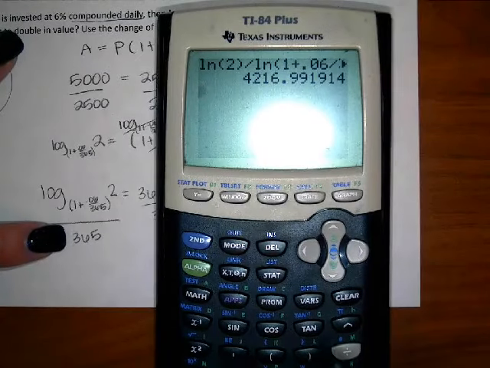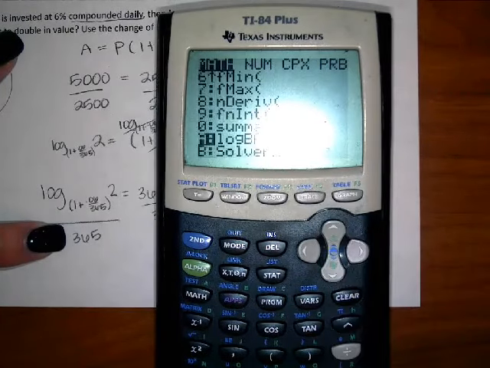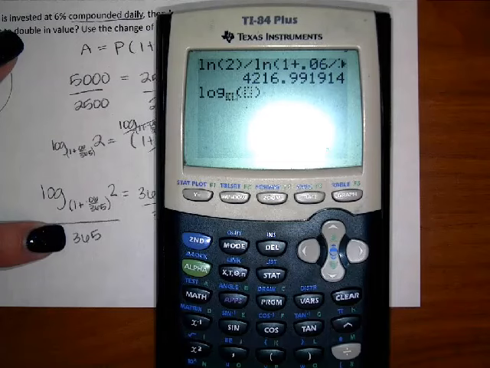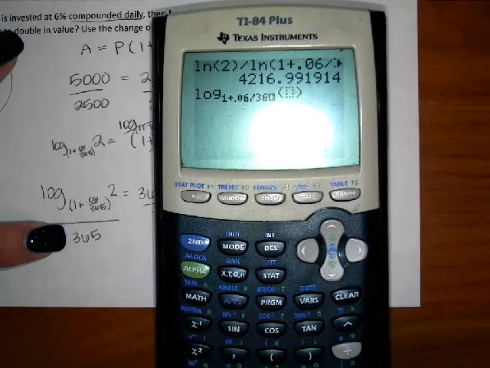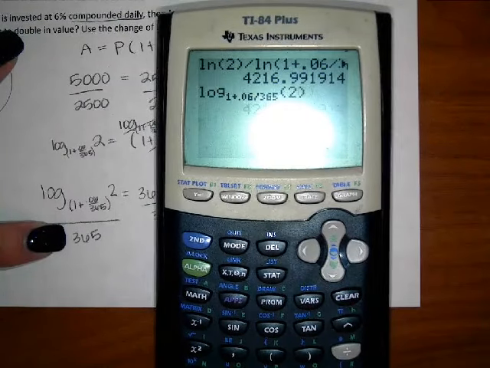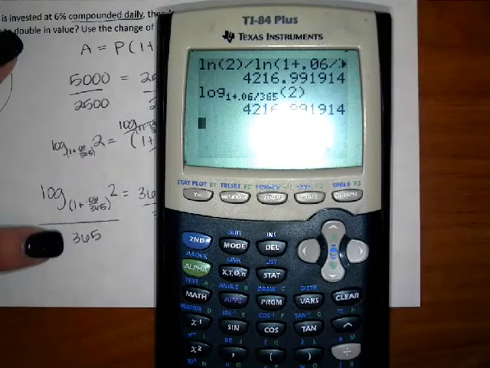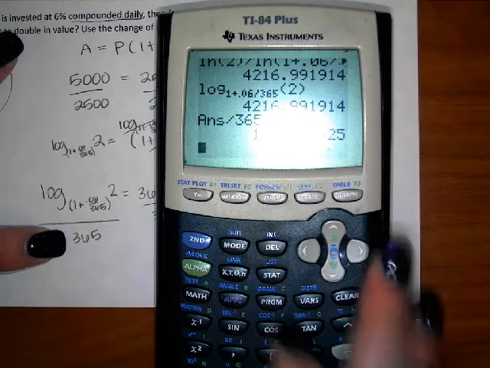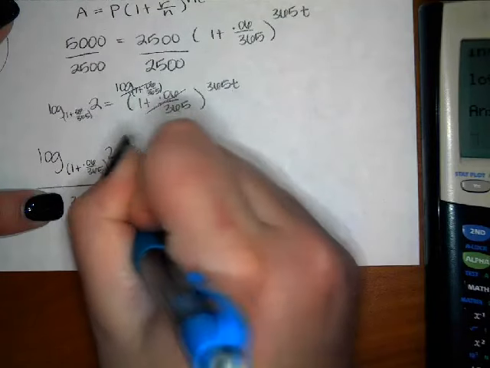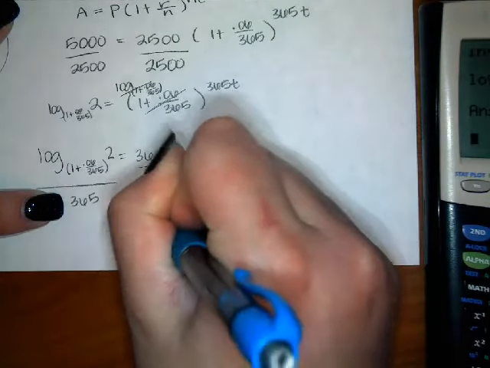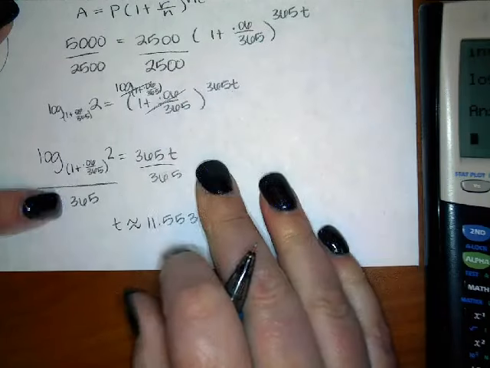So log base 1 plus 0.06 divided by 365 of 2. Same answer, okay? I'm taking that divided by 365. T is 11.553. And it said, how long to the nearest day?